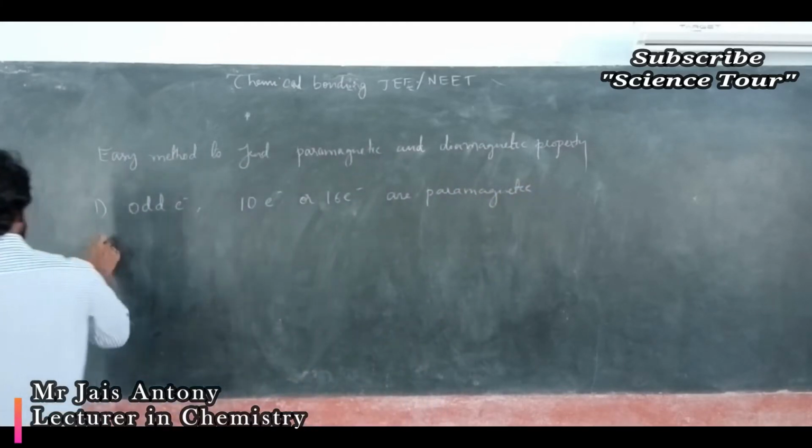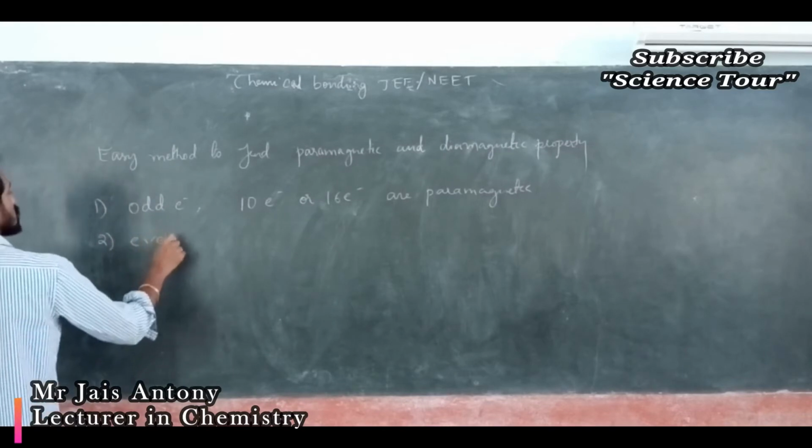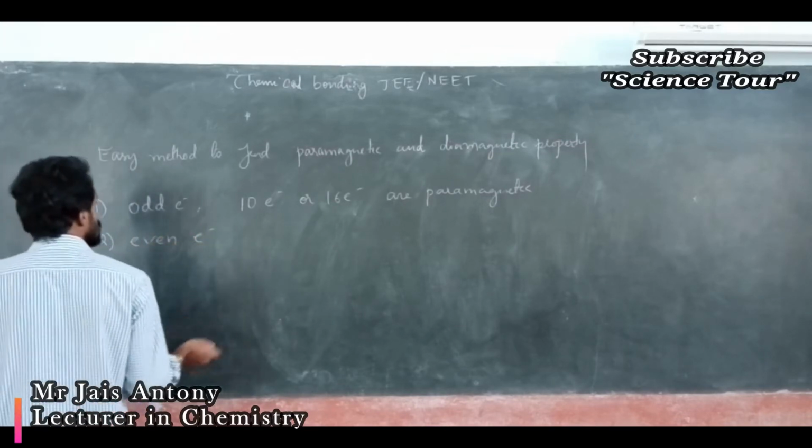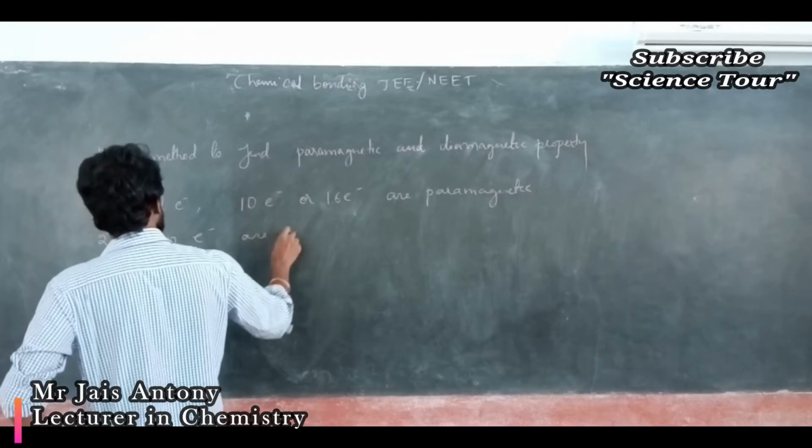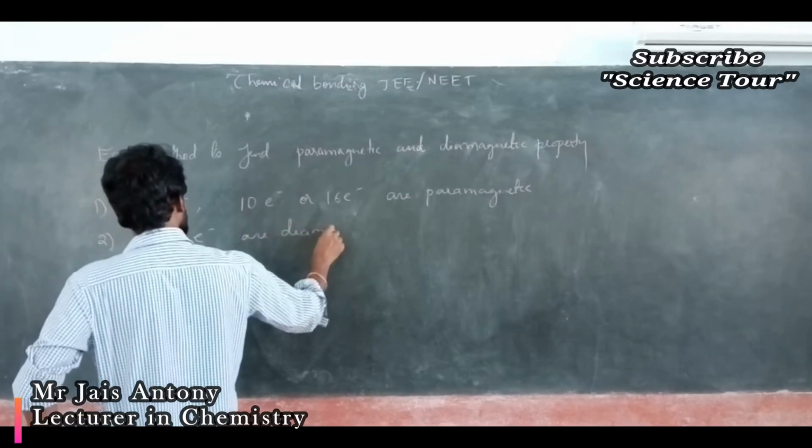Understood? Even number of electrons are diamagnetic. Very simple, my dear students.